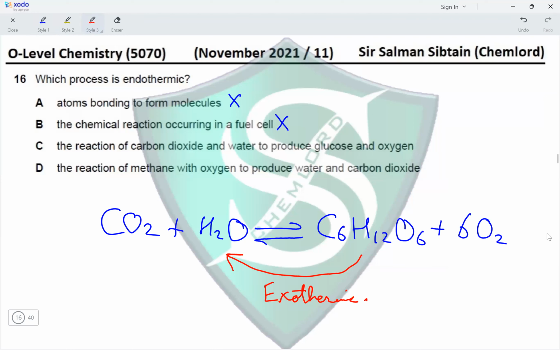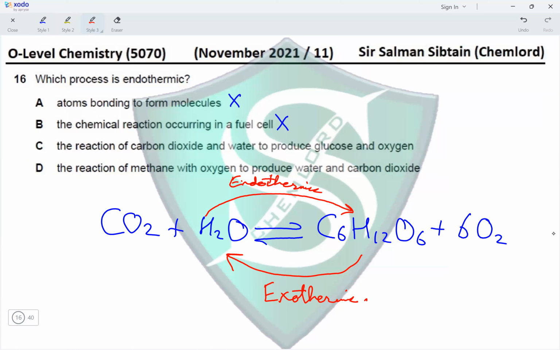This is respiration. This is the glucose being used up in the cell. So the production of glucose, which is photosynthesis, would be endothermic. So we need to find a process which is endothermic.